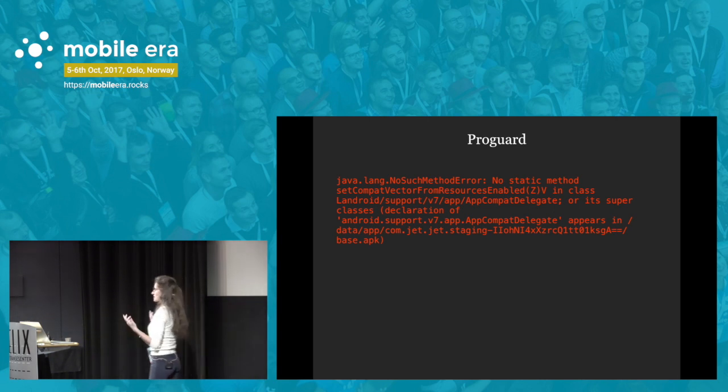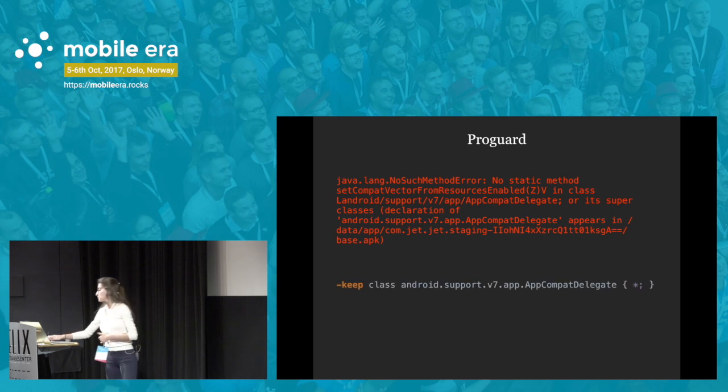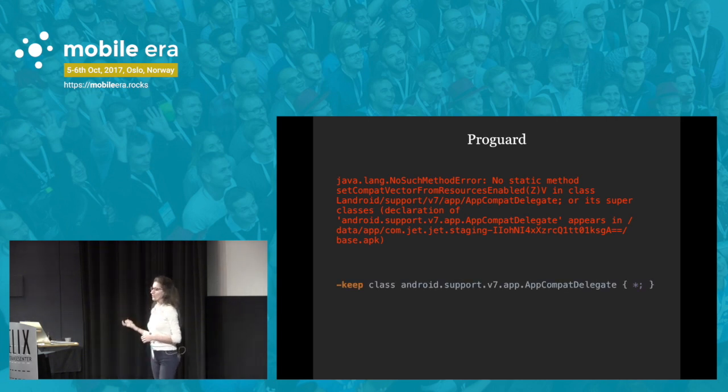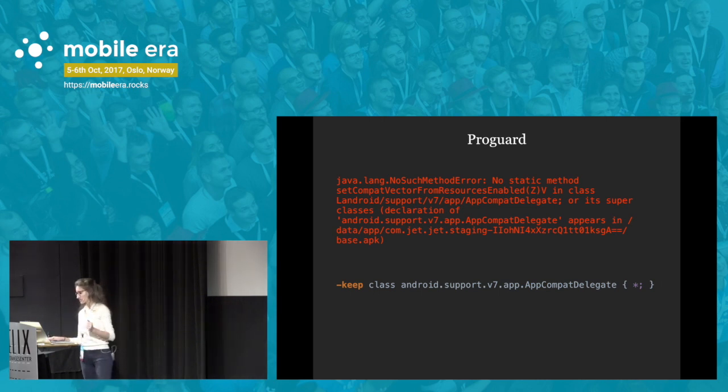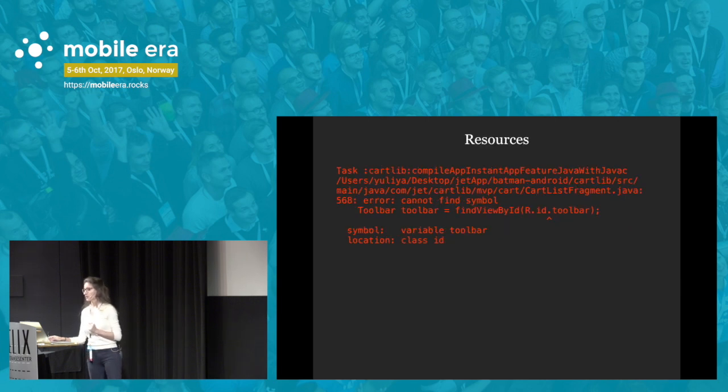And if some people have worked already with ProGuard, you probably know the reason is just because ProGuard is not really smart enough to establish the dependencies between the base module and the feature modules, so it strips out a lot of stuff. So in order to prevent that, you just have to add some ProGuard rules to your ProGuard file. So a little bit tedious, but believe me, all of the errors would be gone once you add some extra ProGuard rules to the file.